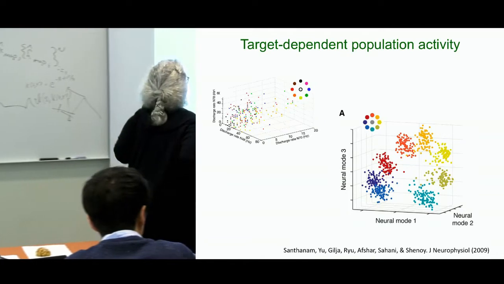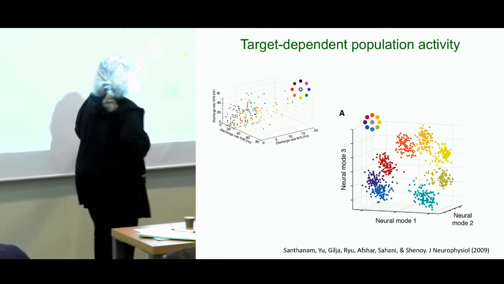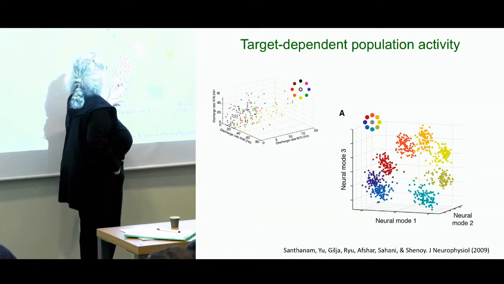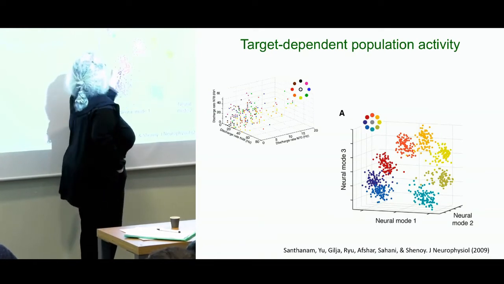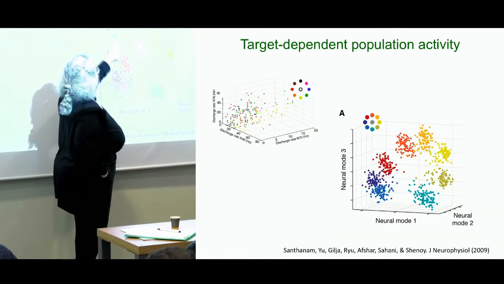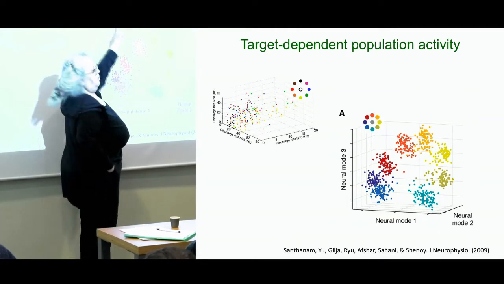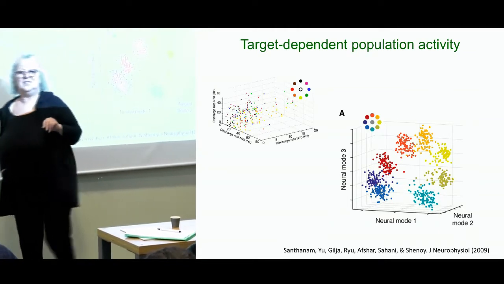Jonathan explained. And what you see in this case is that these points in this 3-dimensional space spanned by 3 different neural modes allow you to cluster the data very beautifully. And it's not only that there is a cluster per target, but the clusters themselves are organized in the same topology as the targets are organized in real space.